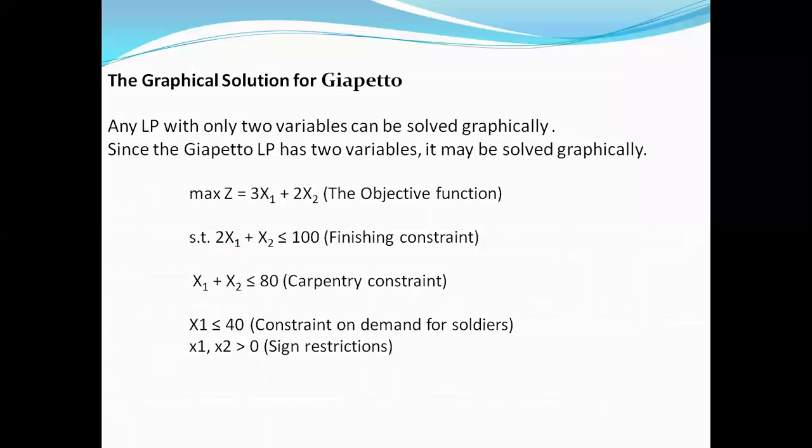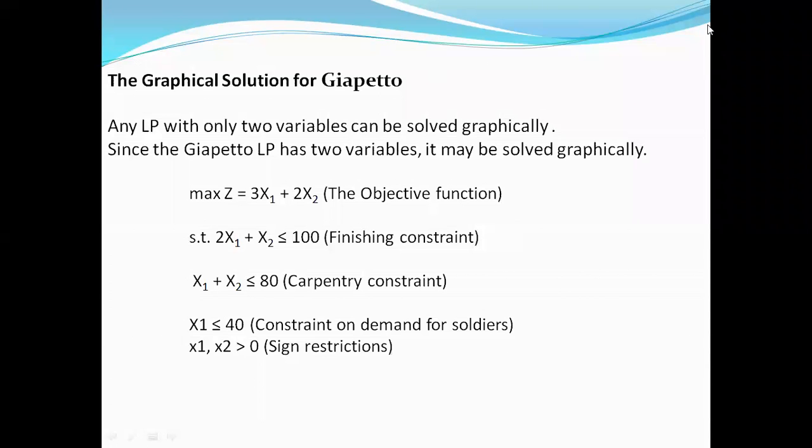Here, most probably, the graphical representation involves the graphical solution of the Geppetto problem. We have a problem where only two variables can be solved: an x value and a y value need to exist, and only these two values will be obtained.